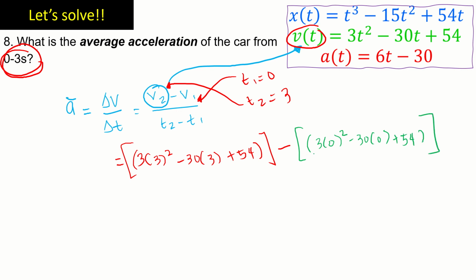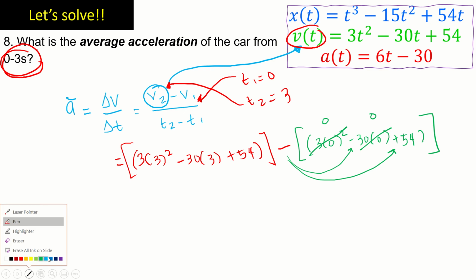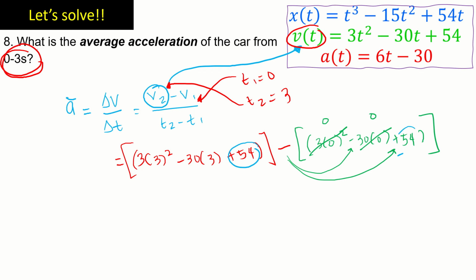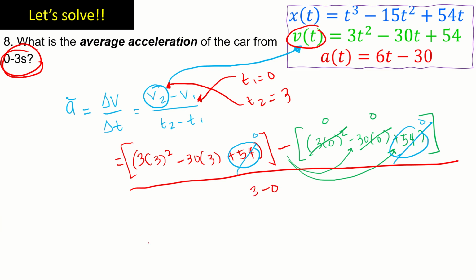Okay. Since this is just 0, remember that this is negative. So, ililipat natin yung negative dito, multiply, and then negative. So, negative 54 yung lalabas dito. If it's negative 54, and this is positive 54, this value becomes 0 as well, right? So, meron ka lang natitira na value dito, nasa taas ay 3 times 3 squared minus 30 times 3 over, of course, your time, 3 over 0.